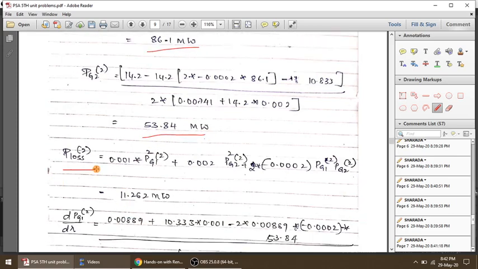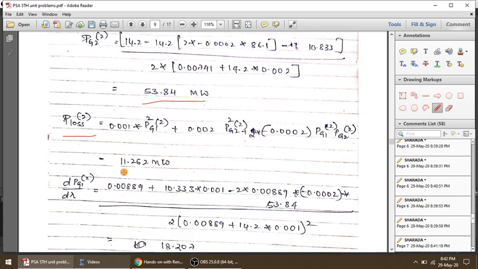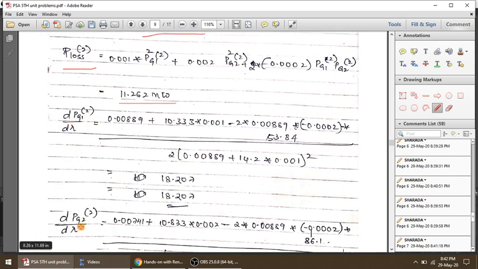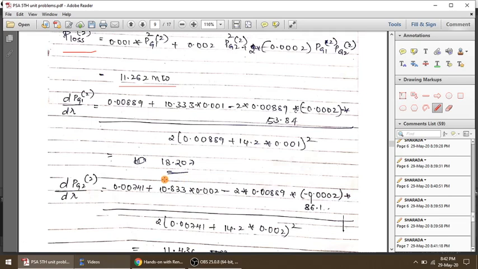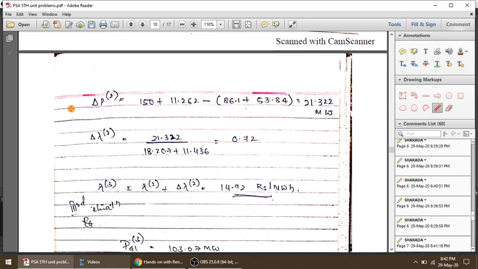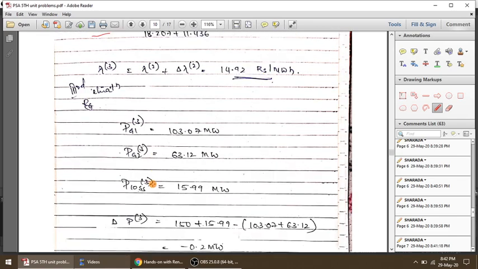Then I'll calculate p loss of 2, which I get around 11.262 megawatt, and dpg1 by d lambda of 2 and dpg2 by d lambda of 2. So I get around 18.207 and 11.436. Next I'll calculate delta p, and the corresponding delta lambda value is calculated and I get around 0.72. So for the second iteration I'll be calculating this value. Fine.